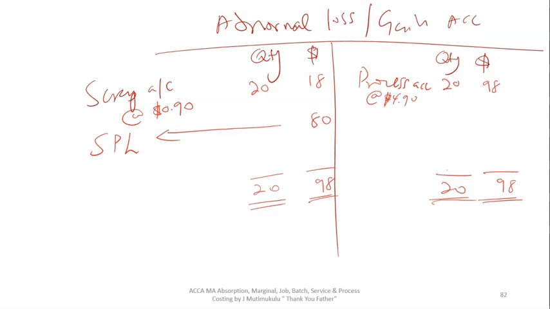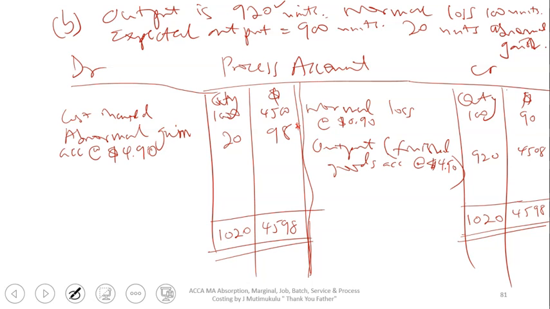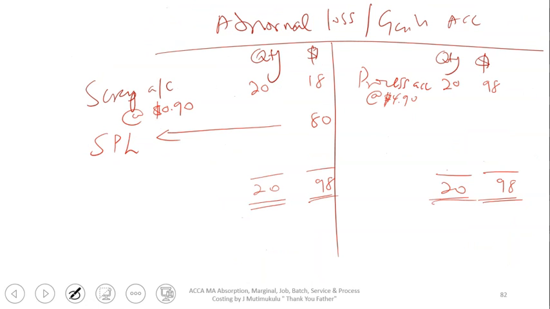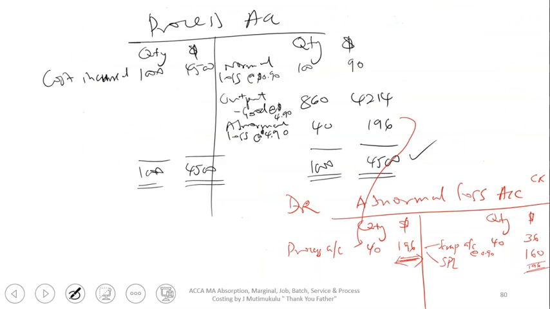So that's the gain that is going to appear in the statement of profit or loss. Most students get confused and want to transfer the whole gain of $98, which is wrong, or the whole loss, which is wrong. You need to consider the scrap impact, the scrap values.